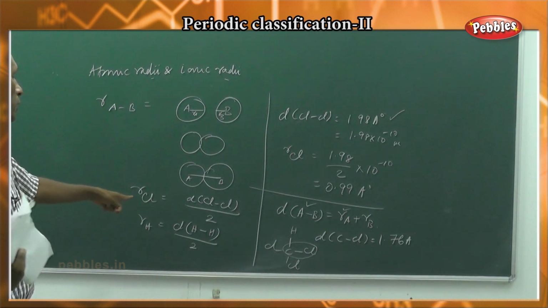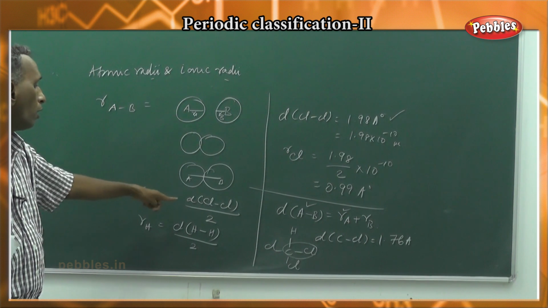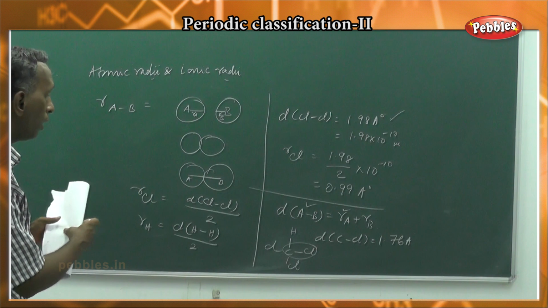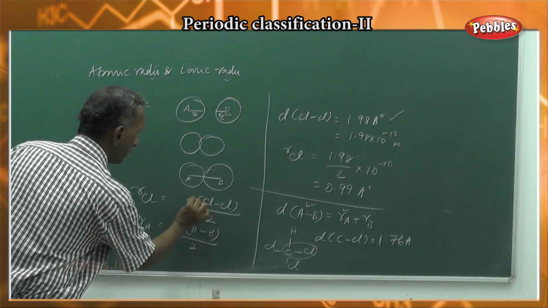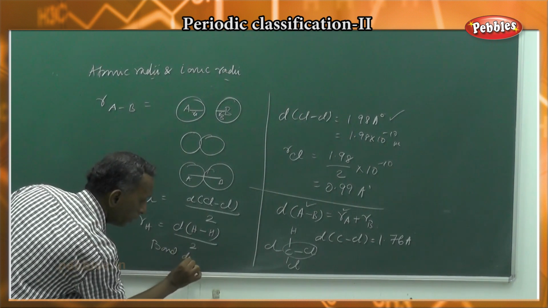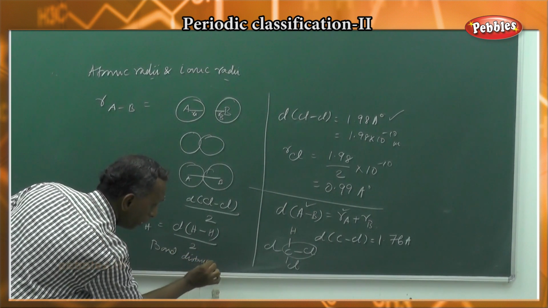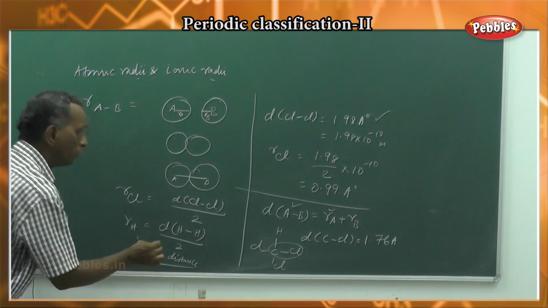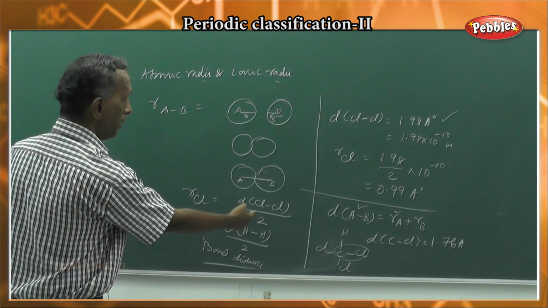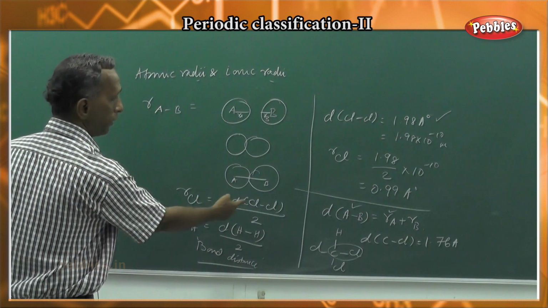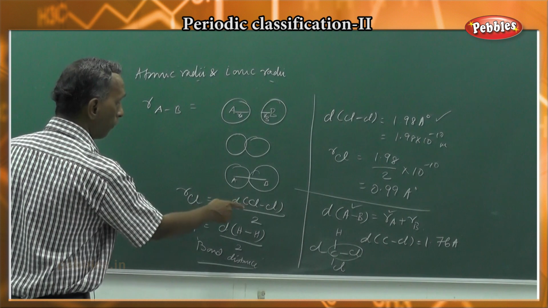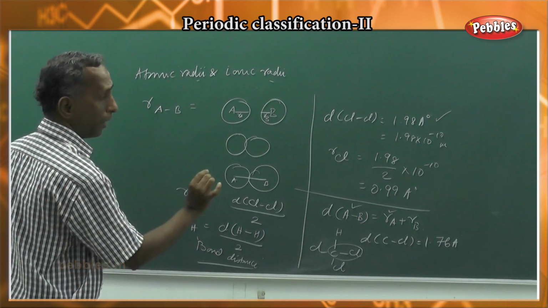Now we have seen that the radius of an atom equals half of the distance between the two atoms. The distance between the two atoms is also referred to as the bond distance. So bond distance means the distance between the two atoms. If the two atoms are the same, half of the bond distance is the radius of the particular atom.